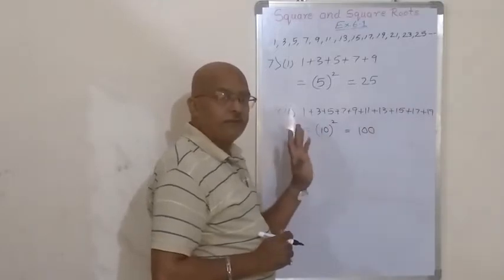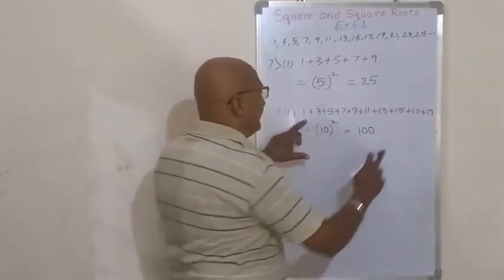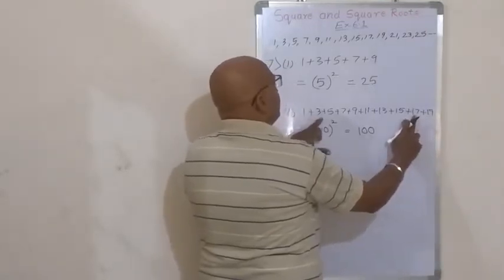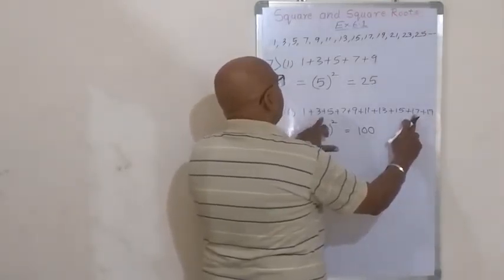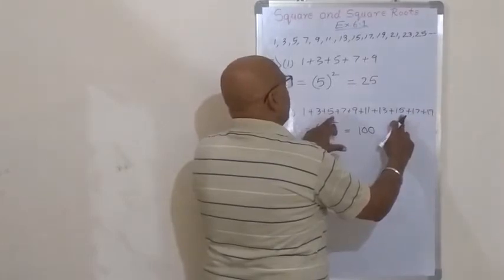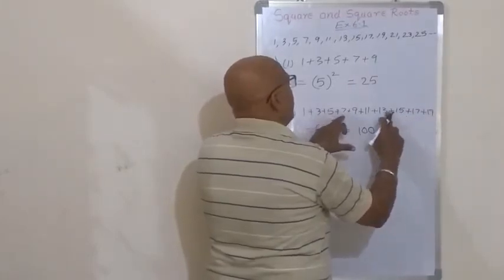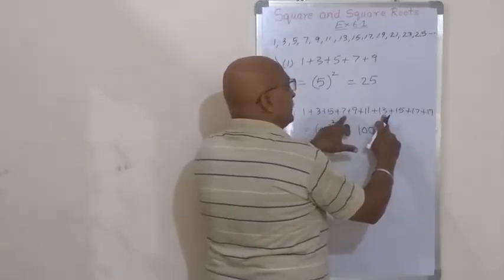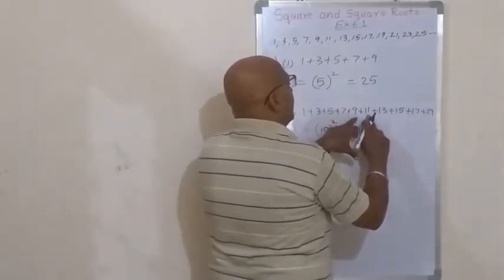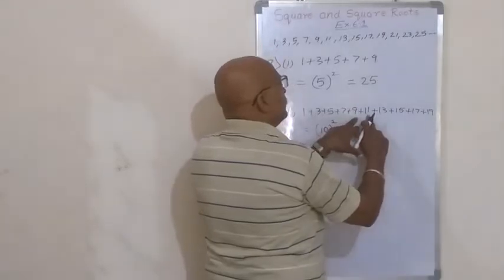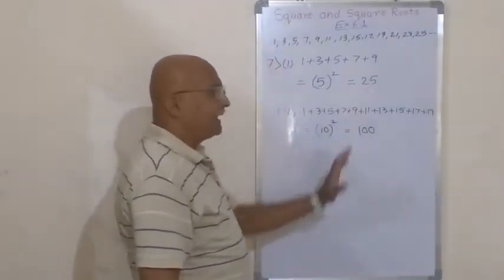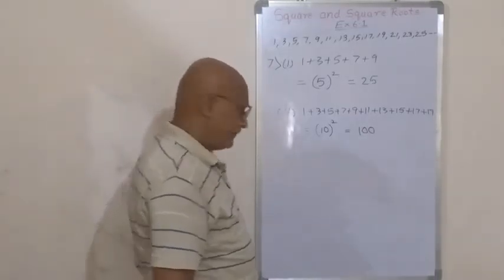Here again you can tally it. 19 plus 1 is 20, 17 plus 3 is again 20, 40, 15 plus 5 is 20, means 60, 13 plus 7 is again 20, it will become 80, and 11 plus 9 is again 20, so 80 plus 20 is 100. So we can tally in this way.